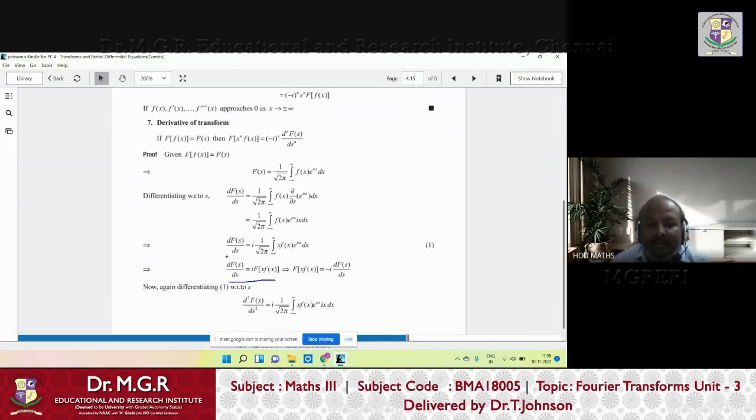Again you can differentiate both sides with respect to s, then you will get d square by ds square of F of s, the second derivative of capital F of s, in the left hand side, and in the right hand side again you will get minus i two times, and one more x in the integral.